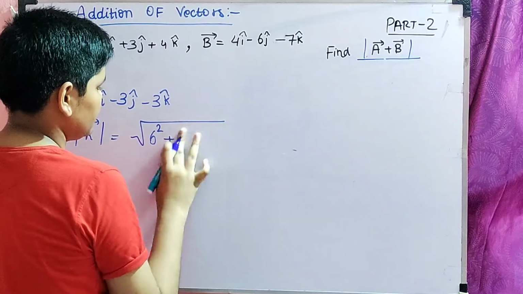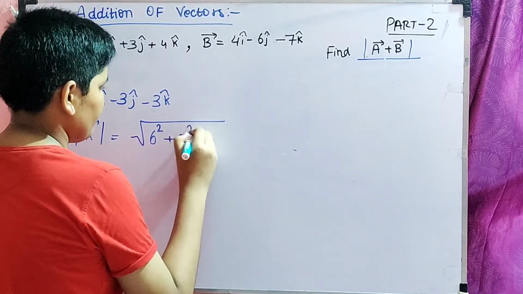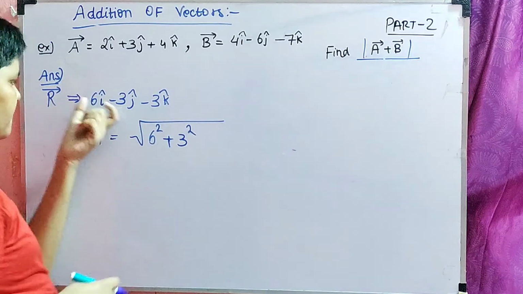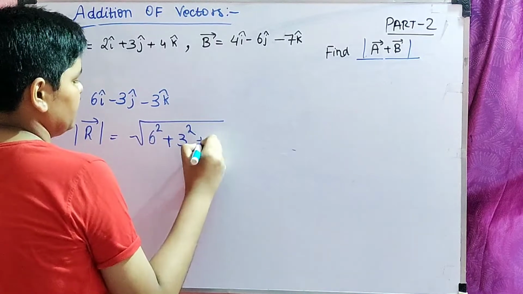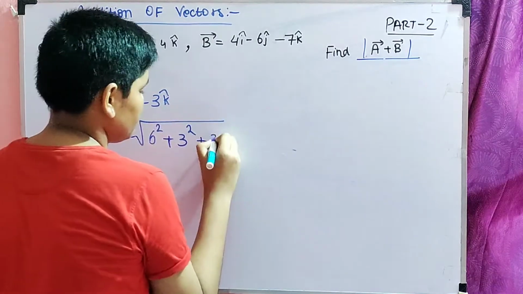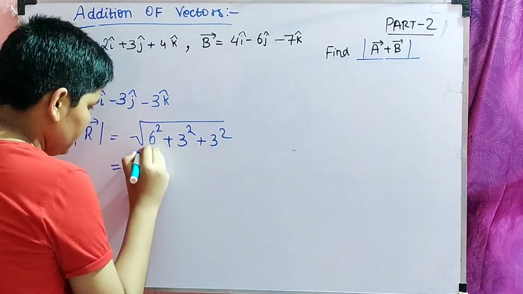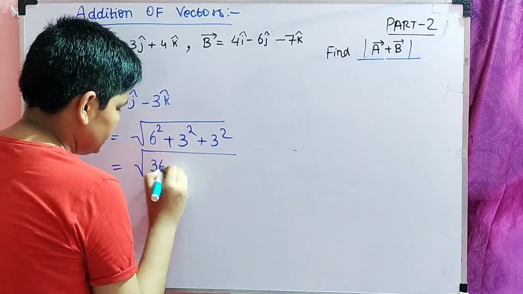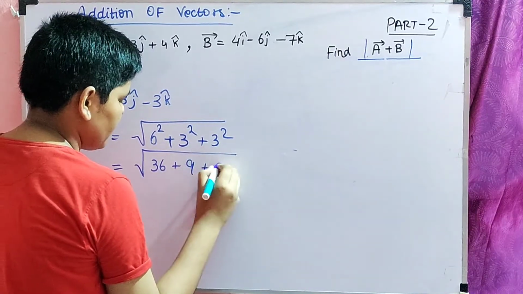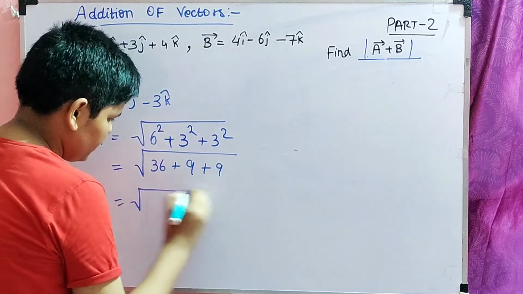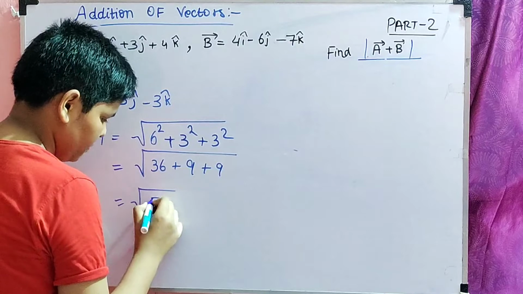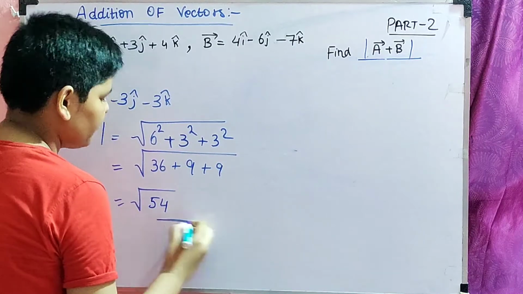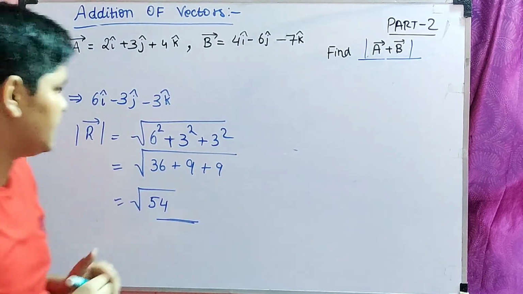We have to take the squares, we don't take the number itself. And for minus 3, even though it is minus, you take the square, which is positive. So under root of 6 square is 36, plus 3 square is 9, plus 3 square is 9. 9 plus 9 is 18, and 36 plus 18 is equal to 54. So under root 54 should be your answer for this question.